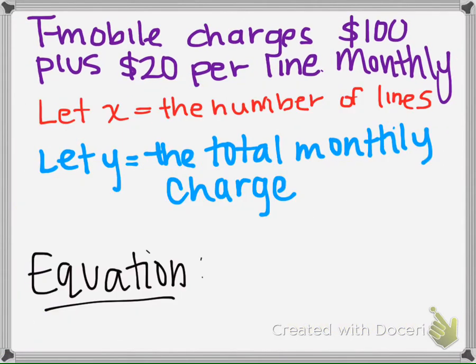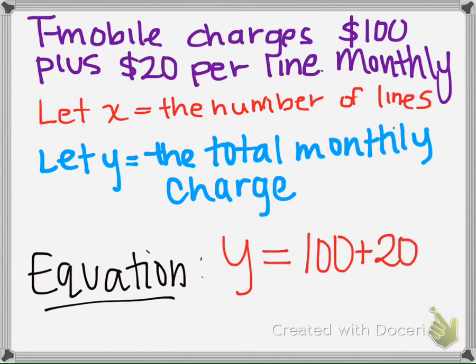Now, if we think about the equation for this, we would have y, the total monthly charge, is equal to $100 plus $20 for every phone line, which is x. So y is the dependent variable.